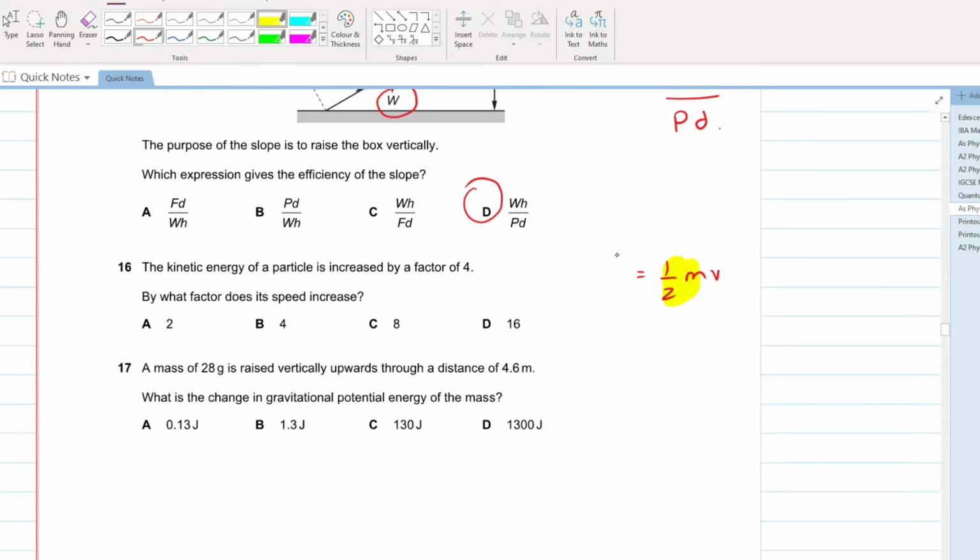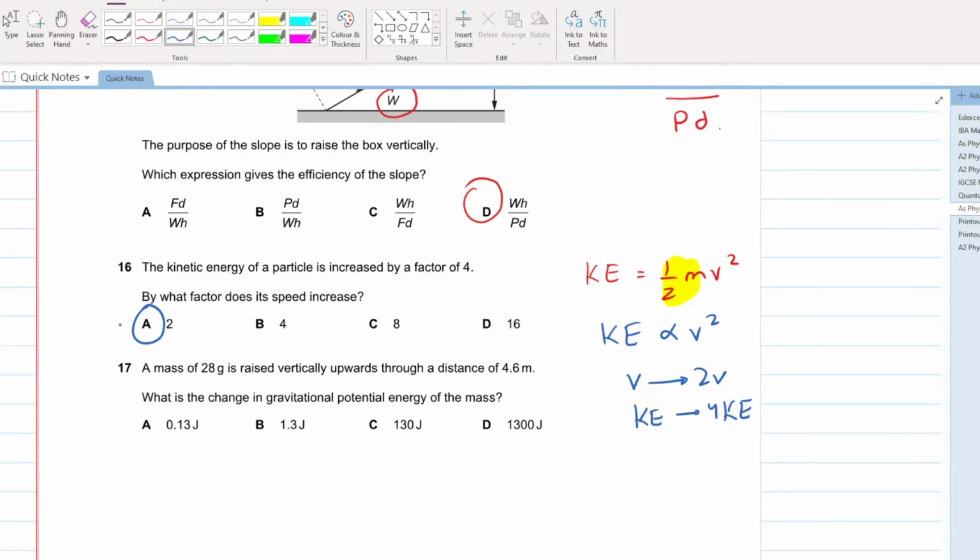Mass or 1 upon 2 constant है. That means kinetic energy is directly proportional to velocity squared. If your velocity increases by a factor of 2, your kinetic energy will become 4 times. So what is your answer? A is your answer.